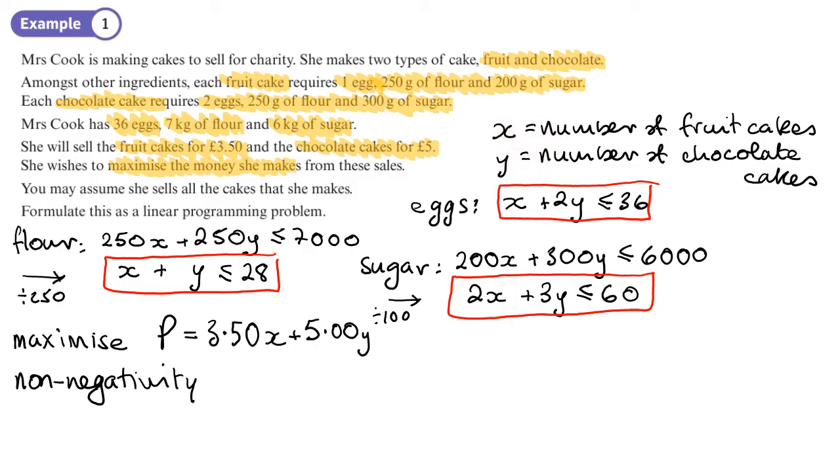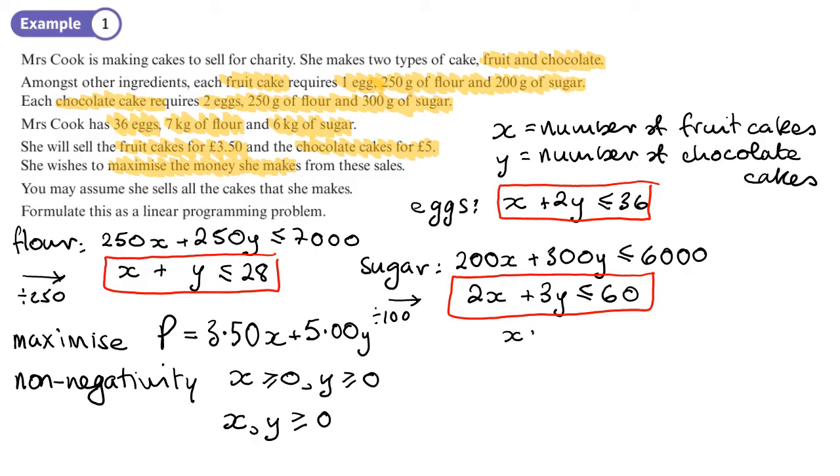They're all going to be positive, but we need to state that. So we need to say that x needs to be greater than or equal to 0. y needs to be greater than or equal to 0. We can combine this and say that x and y, like this, need to be greater than or equal to 0.